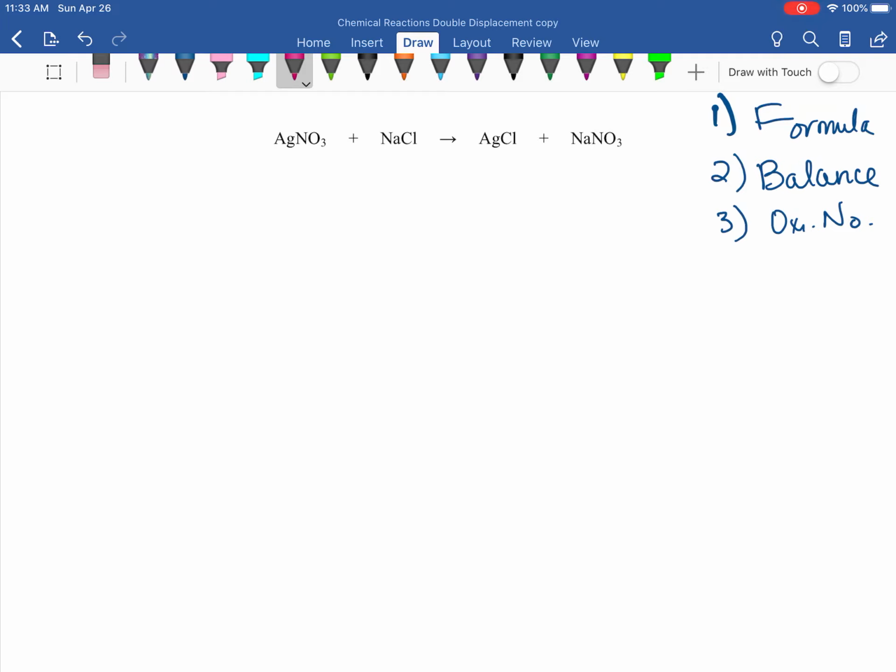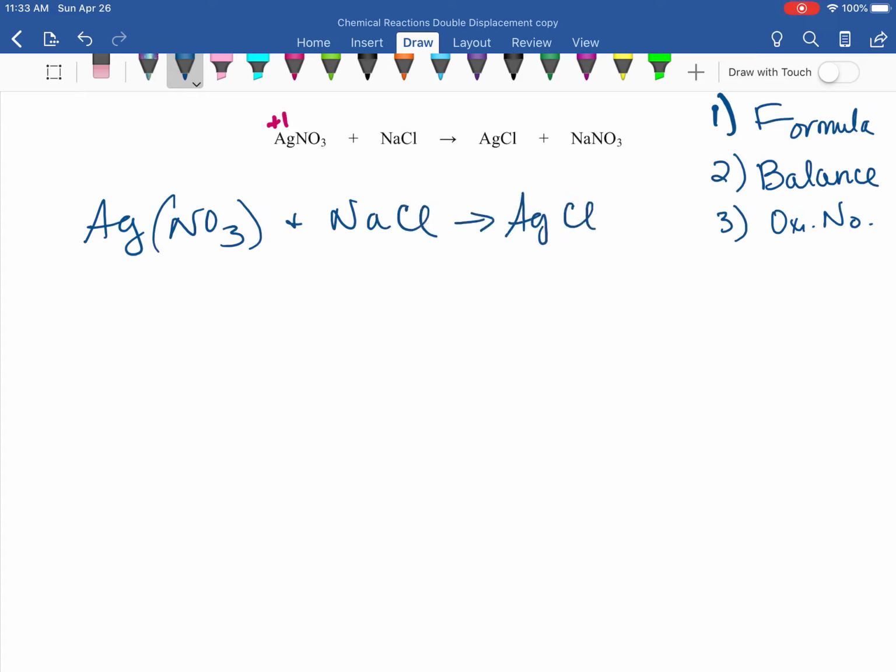All right, what's number 3? Let's write out our oxidation numbers. Of course, if we were going from names, we'd already have a bunch of oxidation numbers written, but since I gave us the formulas on this one, let's go ahead and write some oxidation numbers. So silver nitrate, how would we put that together? Grab your periodic table. Silver is going to be a +1. In fact, I think I'm going to write this out bigger.